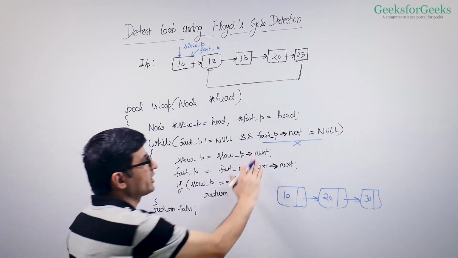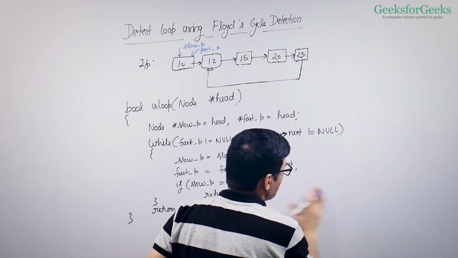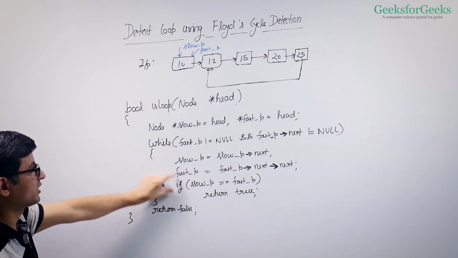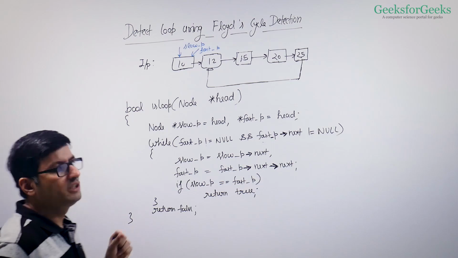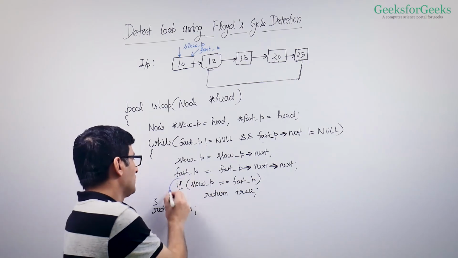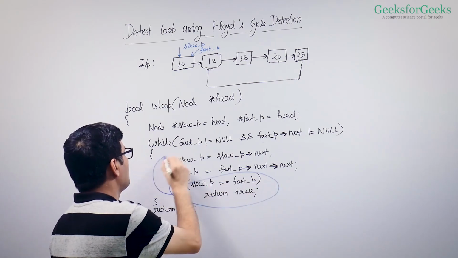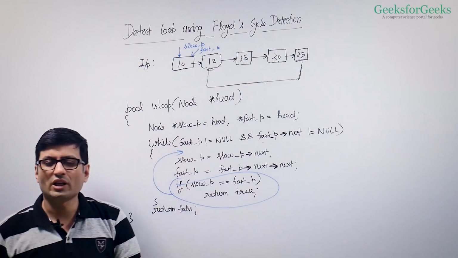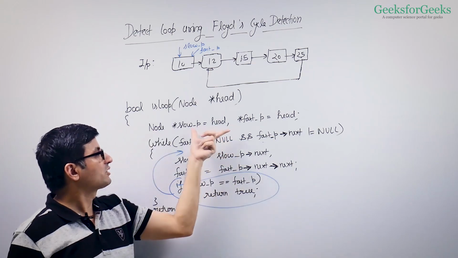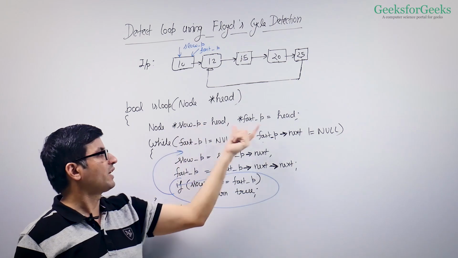Now one more interesting thing, why are we putting this condition after moving the pointers? Why not at the top? The answer is this: if you put this condition at the top, then this code will return true for every linked list. What will happen? For every linked list, you will have slow equal to head and fast equal to head.